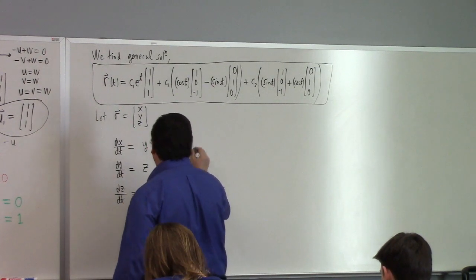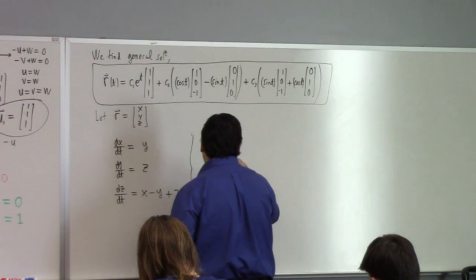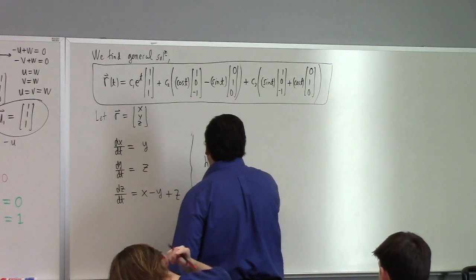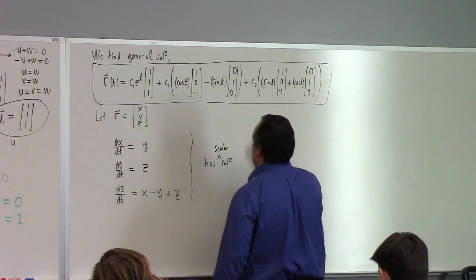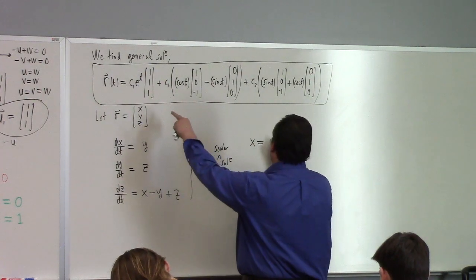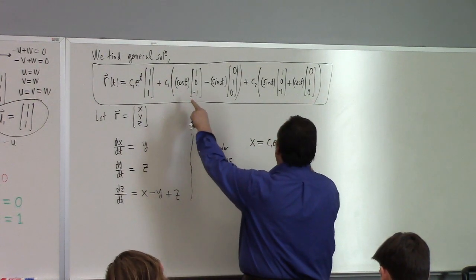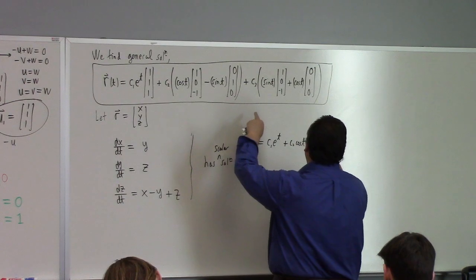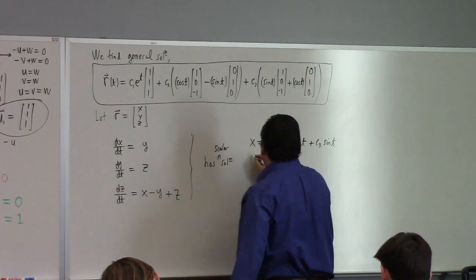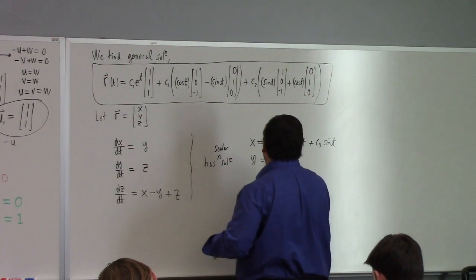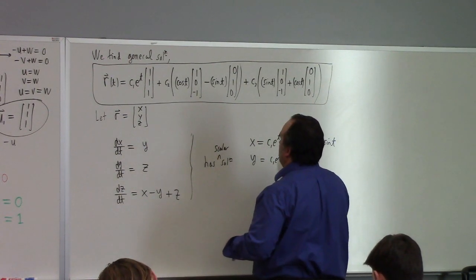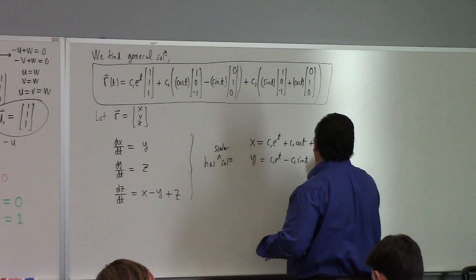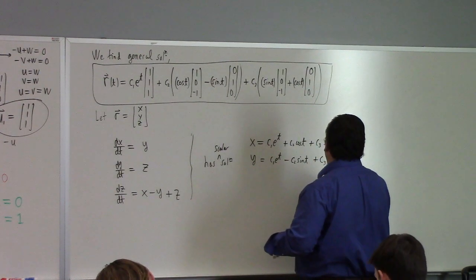So this system has solution, I could say scalar solution, if you like. x equals, apparently, C1 e to the t plus C2 cosine t plus C3 sine t, y equals C1 e to the t minus C2 sine t plus C3 cosine t.